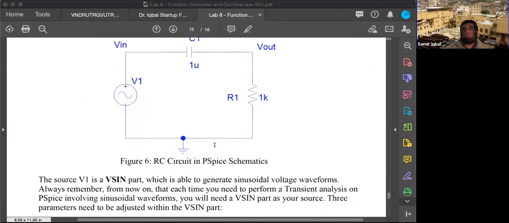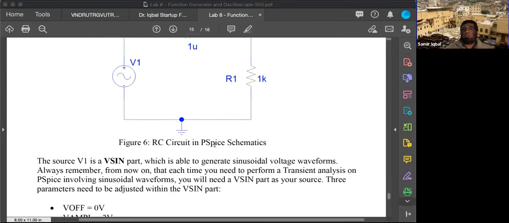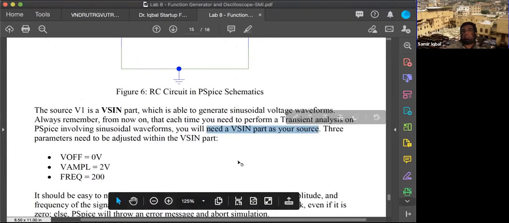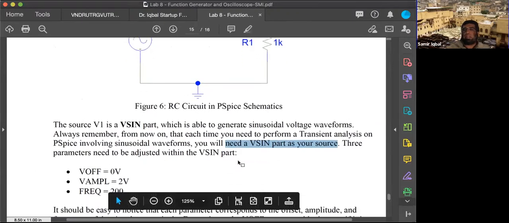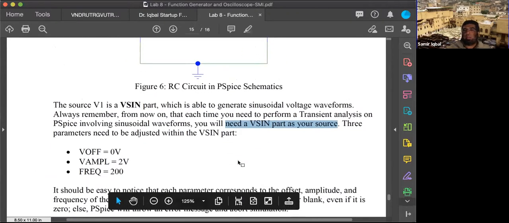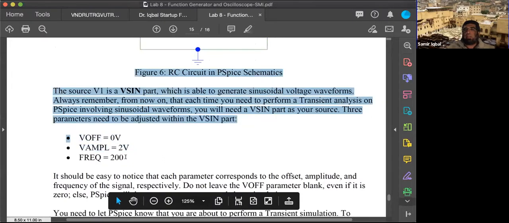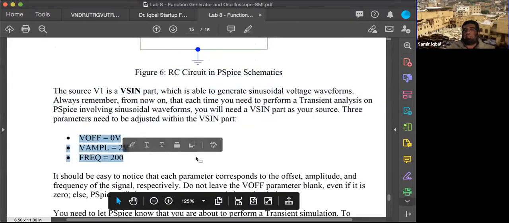When you do the transient response, you will need a VSIN part as your source. Instead of VDC, you get a sinusoidal voltage input. This requires you to define the offset voltage, the amplitude, and the frequency in all cases. Whenever you use VSIN, this is what you'll have to define.